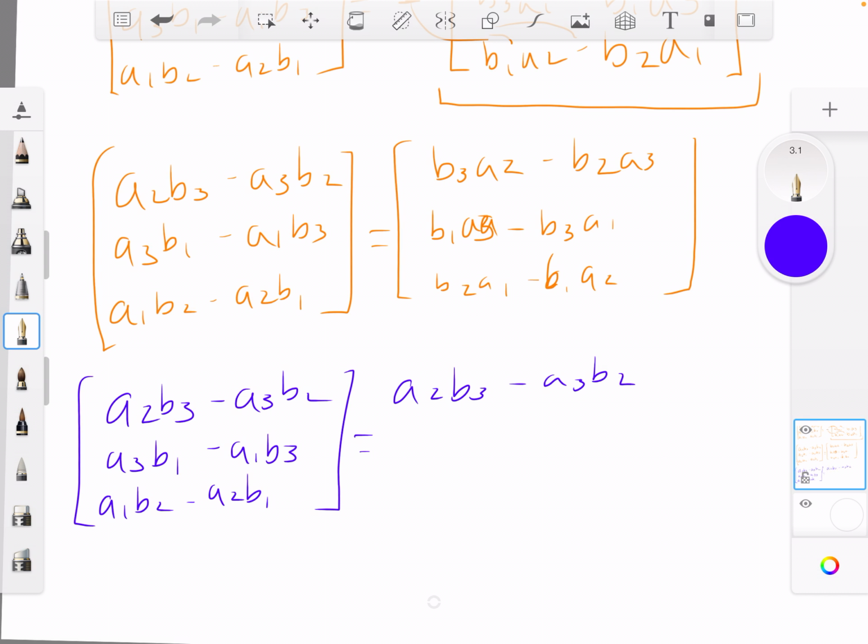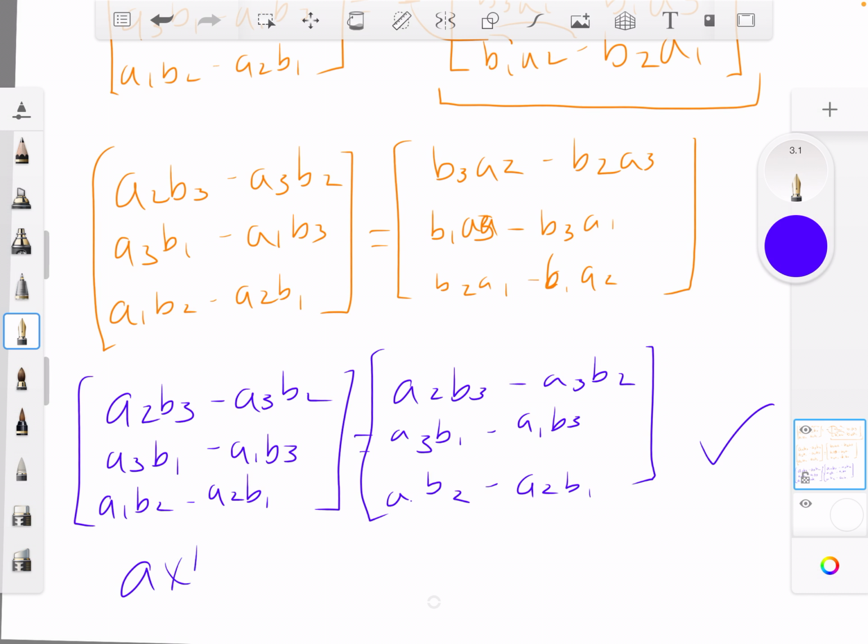B1 times A3 is just A3 times B1 minus A1 times B3, A1B2 minus A2B1. So the left and right side equations are equivalent, so then therefore we can do a little check mark. A cross B equals negative, oops, equals negative B cross A. These are all vectors. Okay, I hope I helped. Thanks for watching.